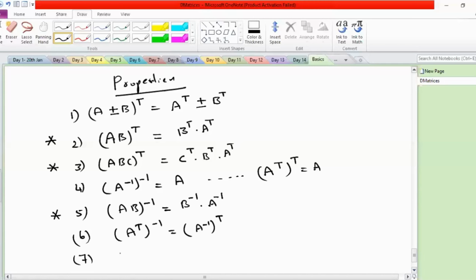Seventh: identity matrix multiplied by any matrix, that is A into I equals A. This I is the identity matrix.